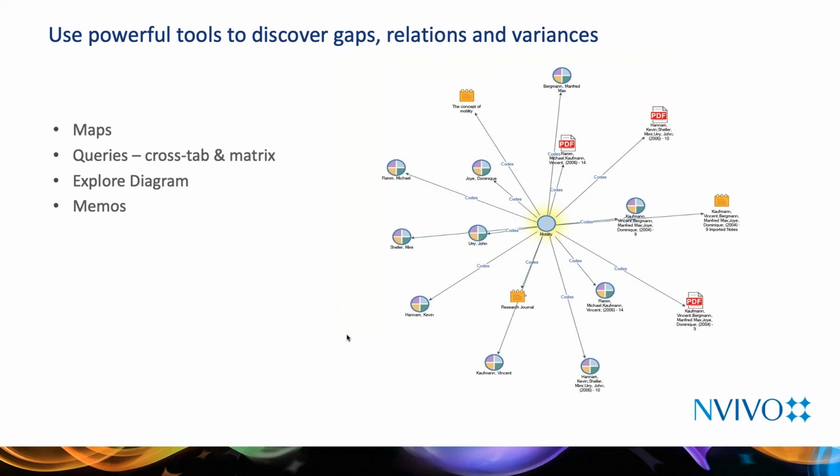And being able to see what authors have talked about this. Are there authors that I expected to see that aren't represented in this diagram? Do I need to go back and revisit some of those articles? Am I looking at where have I made notes about this? Have I created memos? And maybe I need to go back and refer to what were some of the questions raised within here.